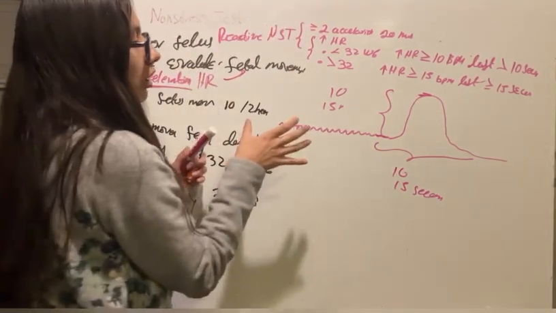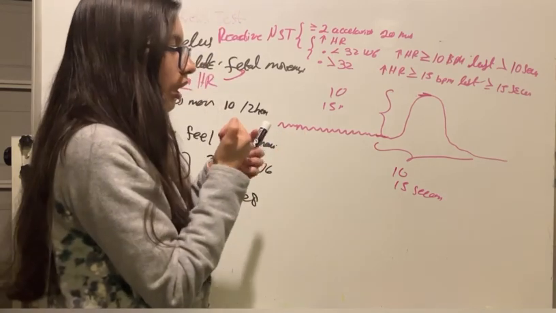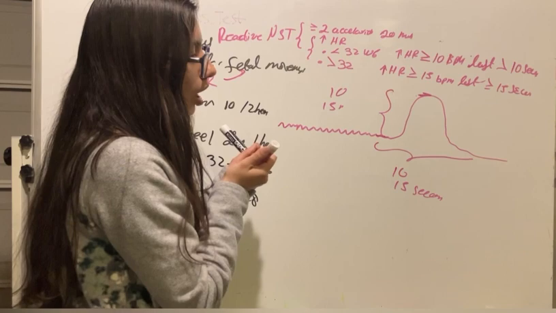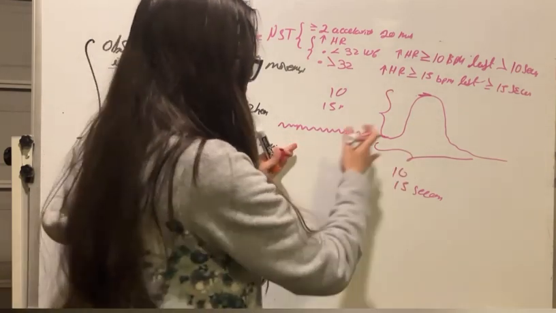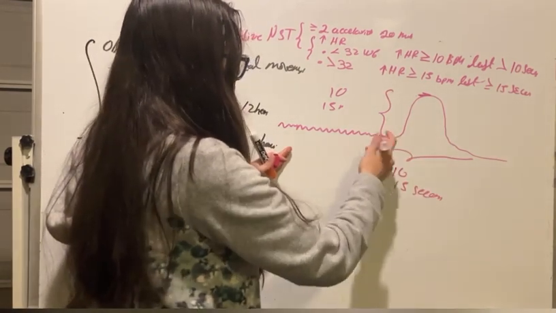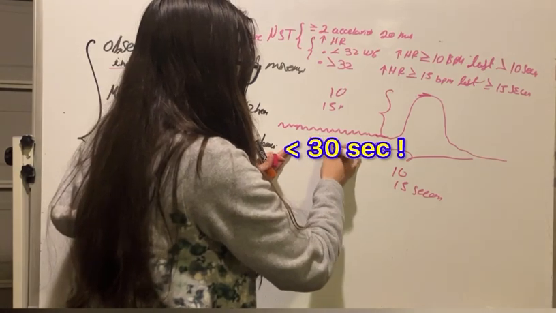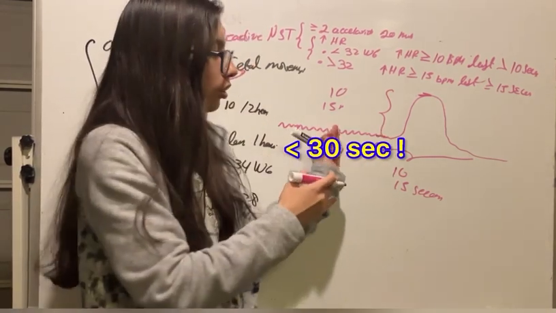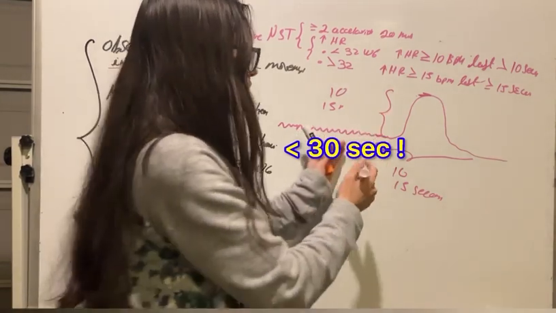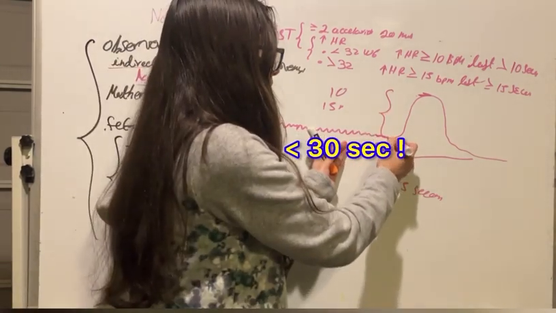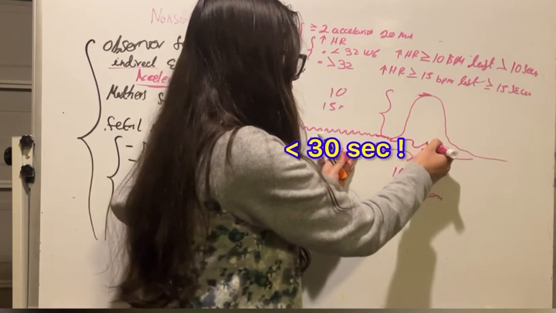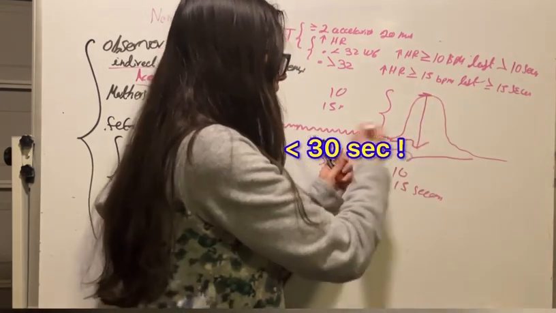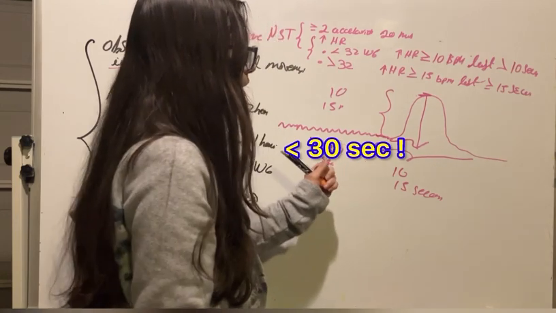And the acceleration is a gradual acceleration. This means that it takes more than 30 seconds to complete the acceleration. So from here to the top, this is more than 30 seconds.